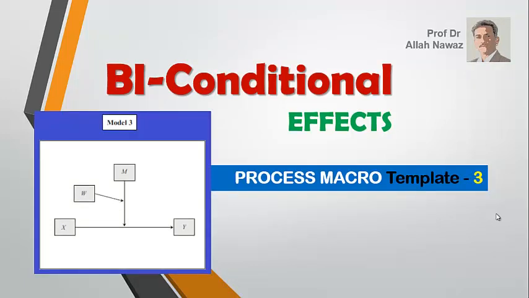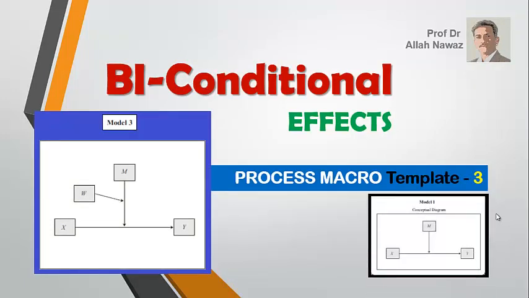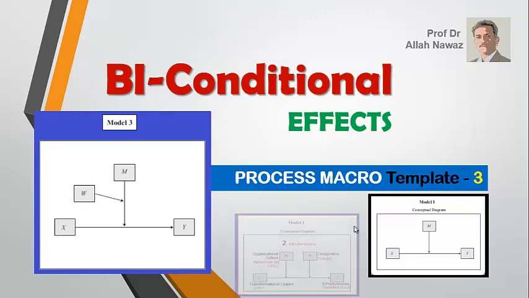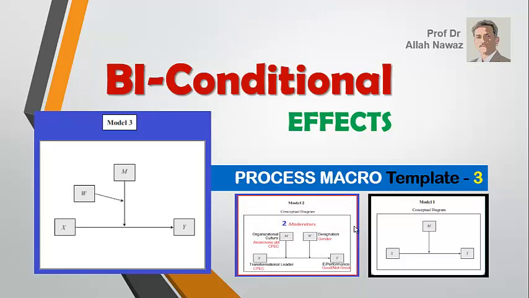In our last two videos on moderation or conditional effects, in Model 1 we used one moderator to change the relationships of x and y. Then we used Model 2 to test what happens when two moderators are used to change the relationships between x and y variables.